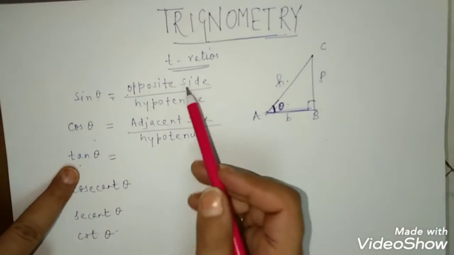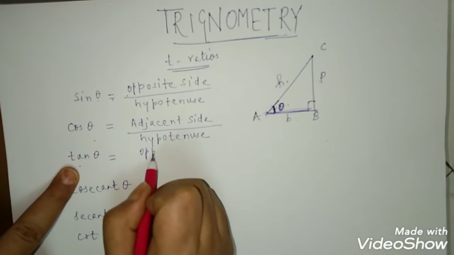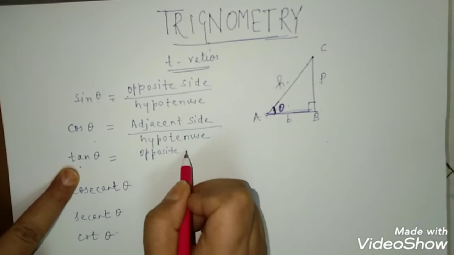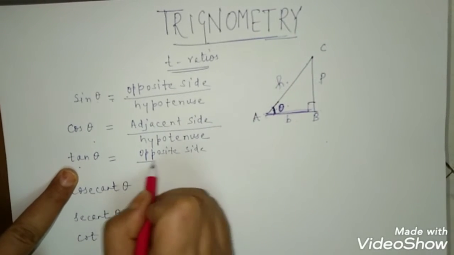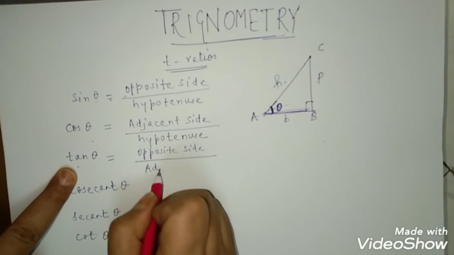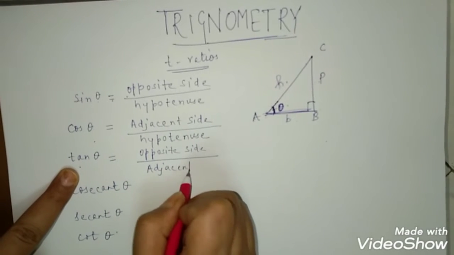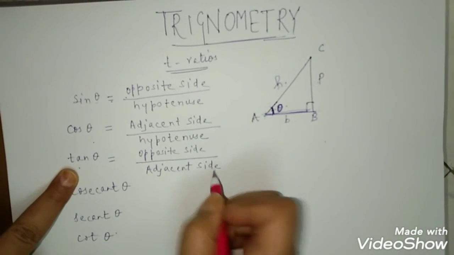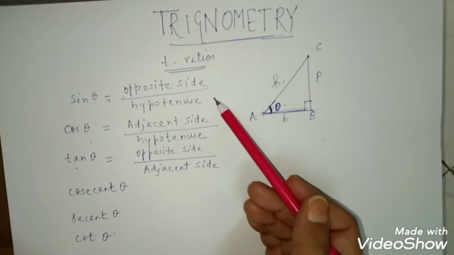Tan theta is the opposite side by adjacent side. We can write this as perpendicular by hypotenuse.